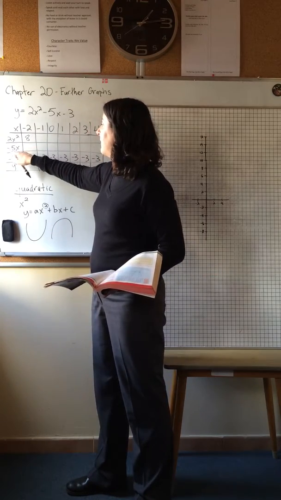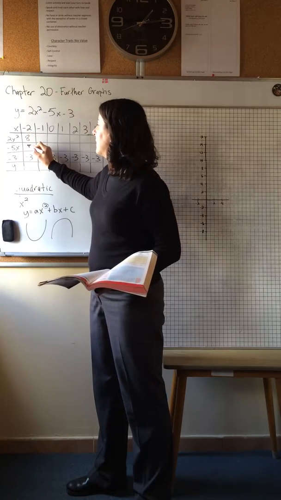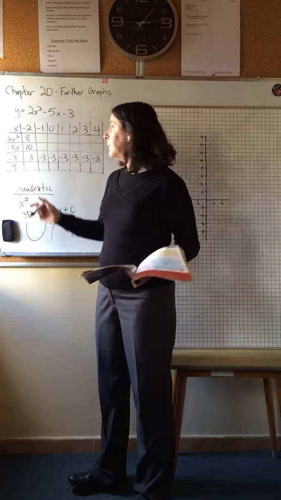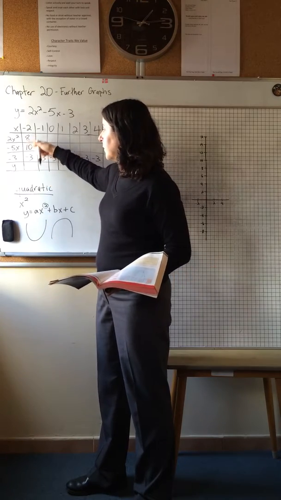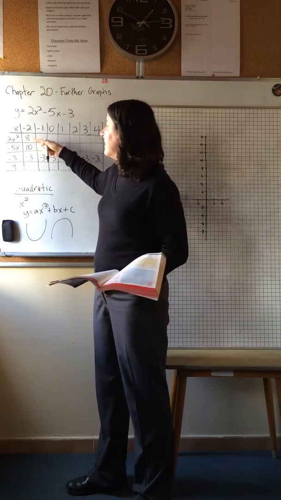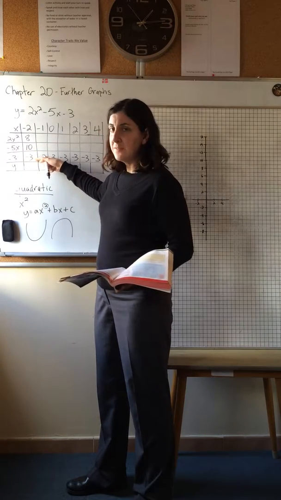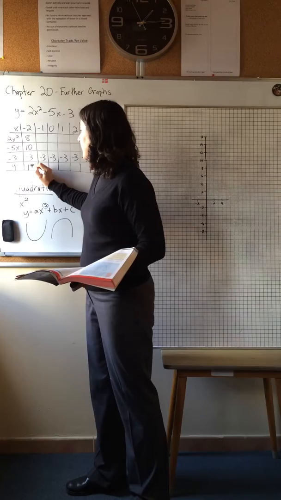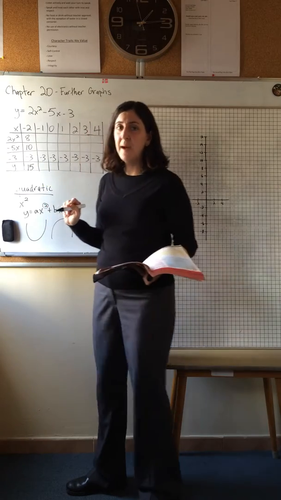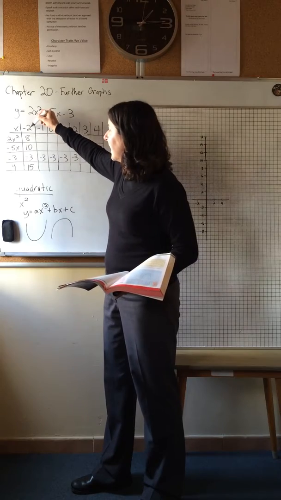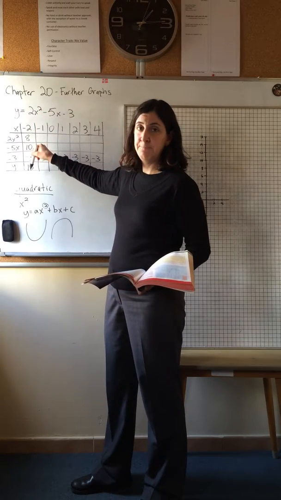Next we have -5 times -2. That's +10. Now we want to combine them. 8 and 10 give me 18. 18 and -3 give me 15. That means one of the coordinates for this equation is (-2, 15).